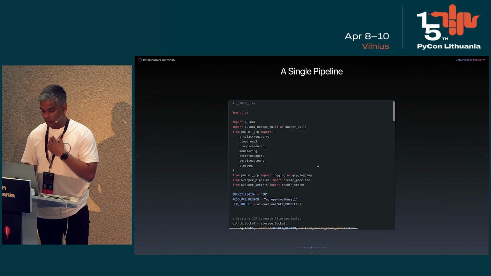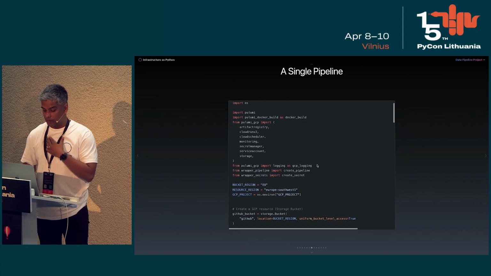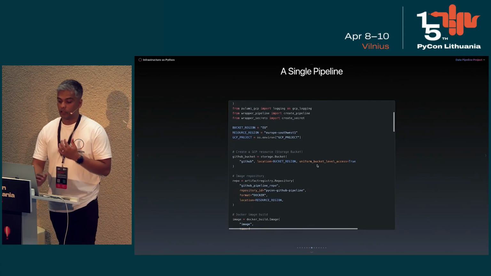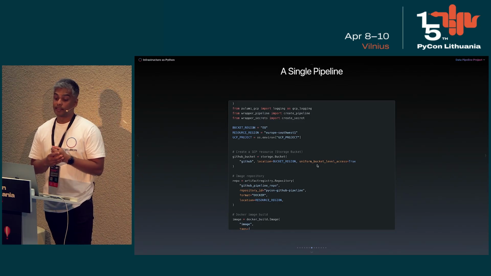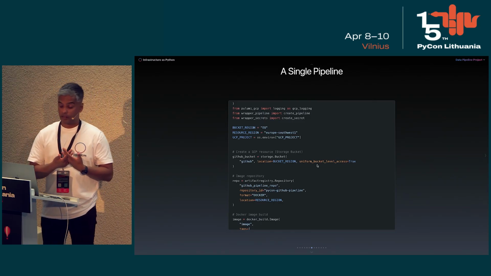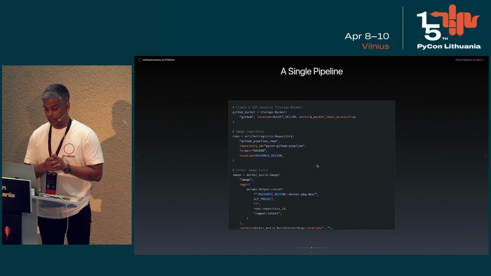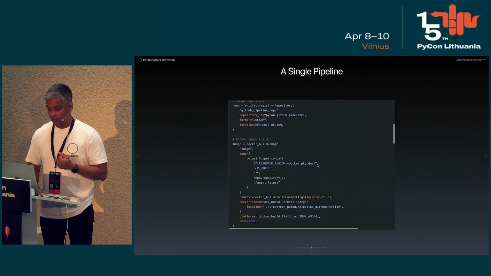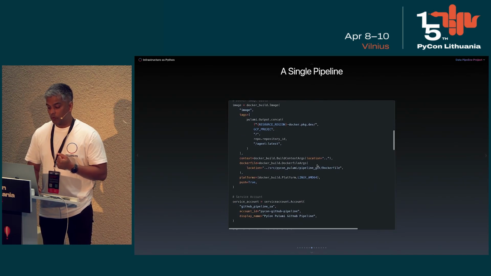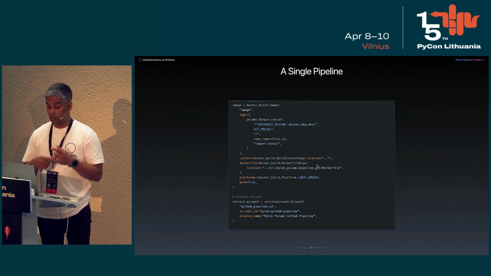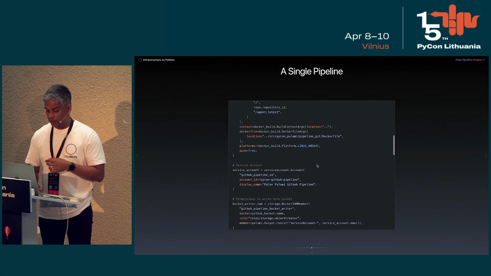Okay, so we've talked about this pipeline, and this is the code that declares all of the resources required for this pipeline. You can see here we've got, of course, the GitHub bucket to start with, and an artifact repository. We're using a Docker provider from Pulumi to do all the packaging up and send that up to the artifact registry.